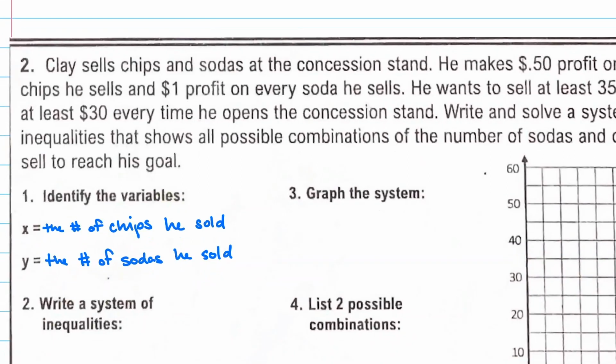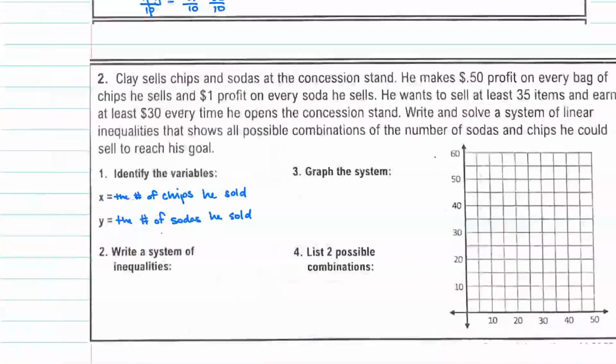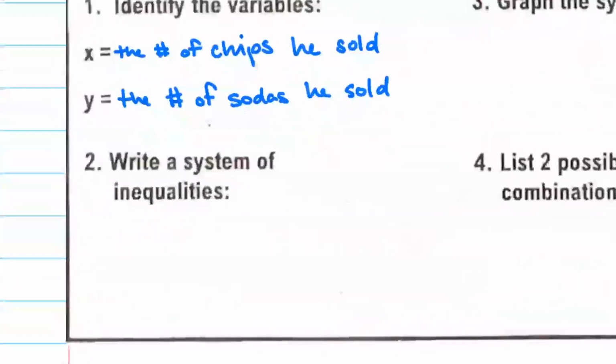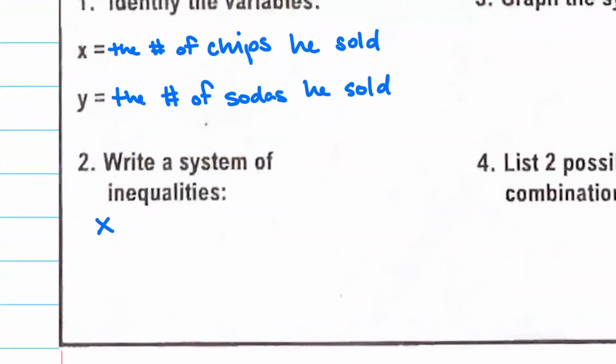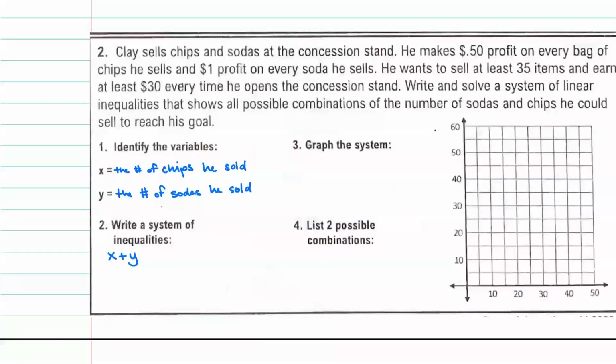We're going to go ahead and start setting up our inequalities. Again, as far as what do I know, he wants to sell at least 35 items. Well, those 35 items, some of them have to be chips and some of them have to be sodas. That's going to be very similar to what we did earlier. So I'm going to go ahead and write, when I take the number of chips plus the number of sodas, that's going to be at least 35 items.